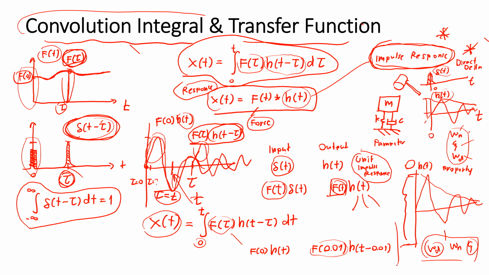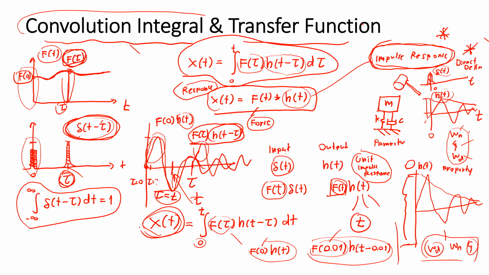Here is time equal to 0, time equal to 0.01. You need to sum this until the time equals the time t that you want.